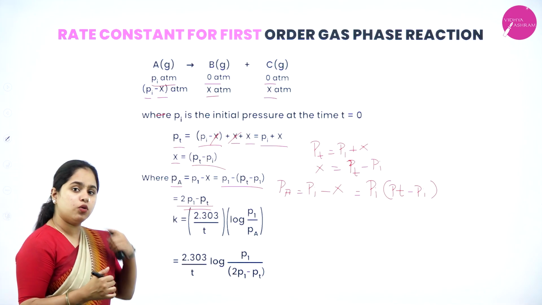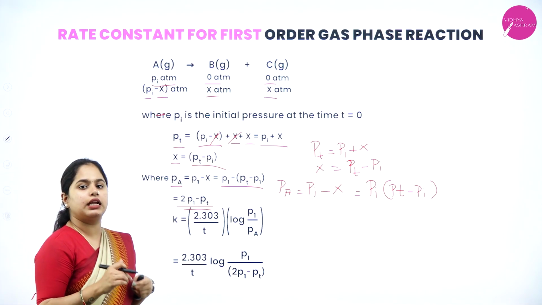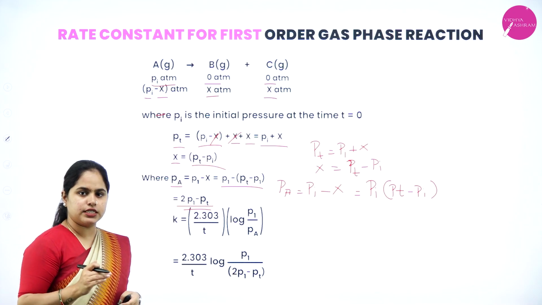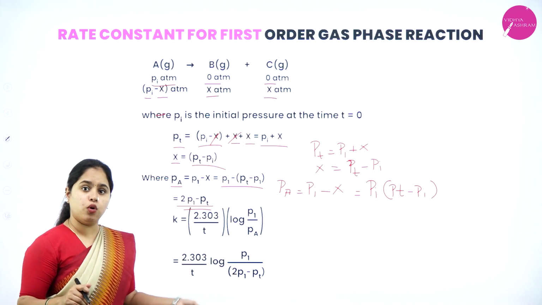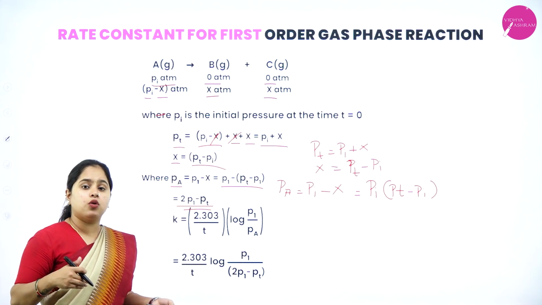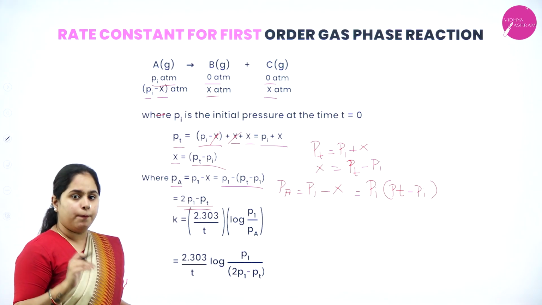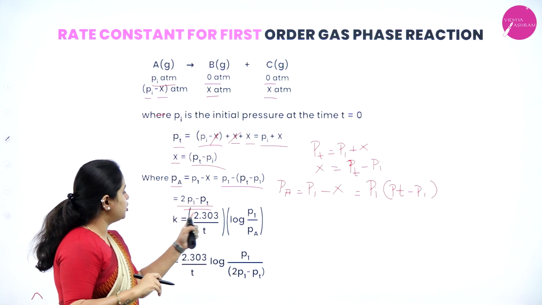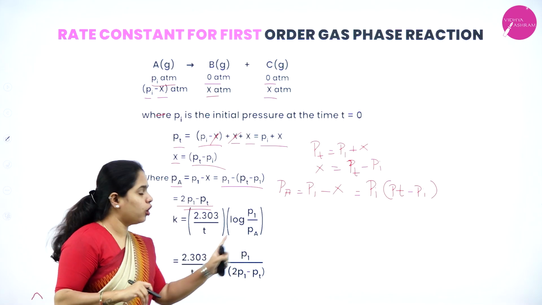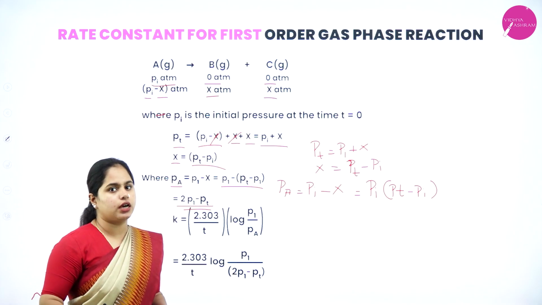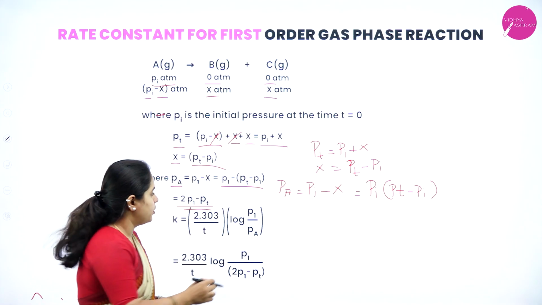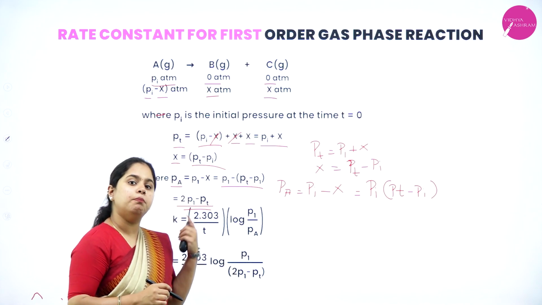Okay, so now we are going to substitute in the integrated rate equation. What we have already studied, k is equal to 2.303 by t log R0 by R. Now we are going to write it in terms of pressure. So k is equal to 2.303 by t log of what was R0 there? Now it will be initial pressure, so it will be Pi divided by PA.